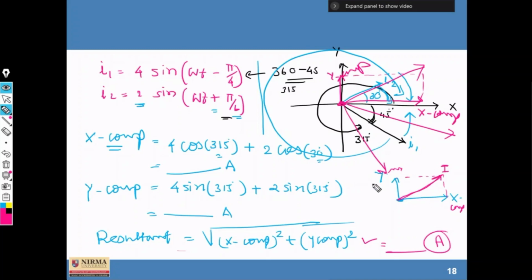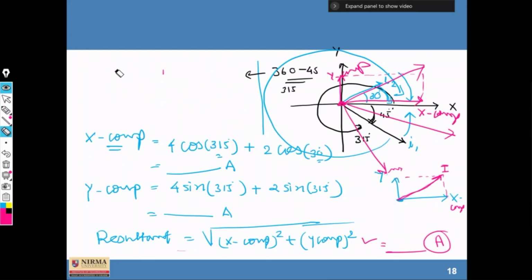And after this resultant, we can also find the angle at which it is going to act. Fine. To find the angle here, this is the y component, the similar component will be here, and we can find this angle phi.